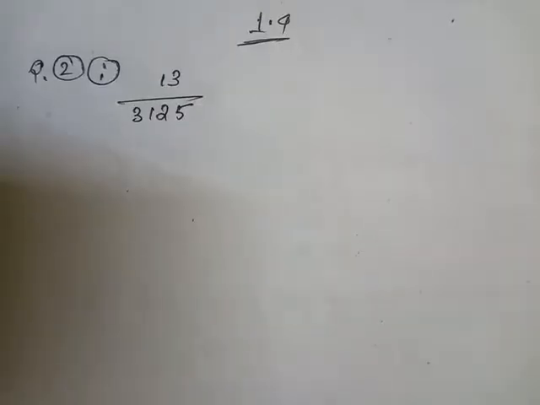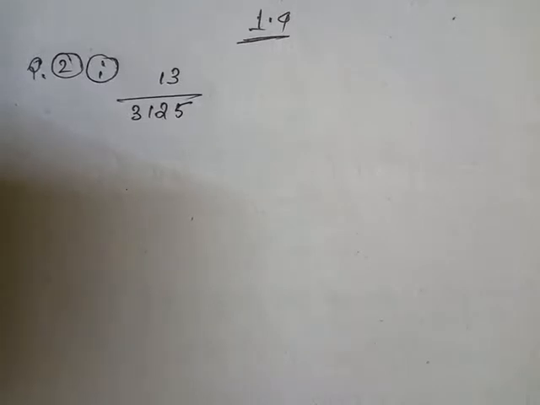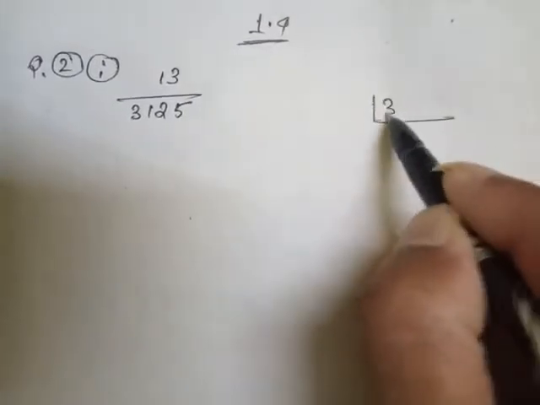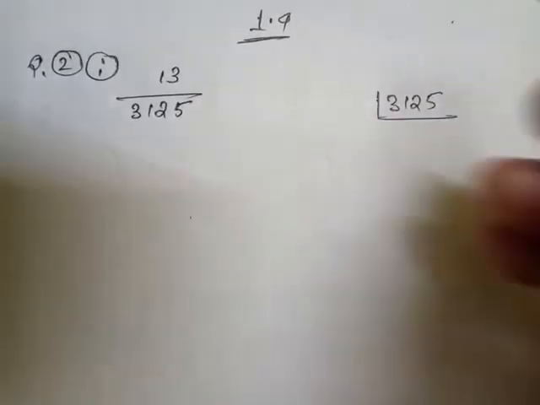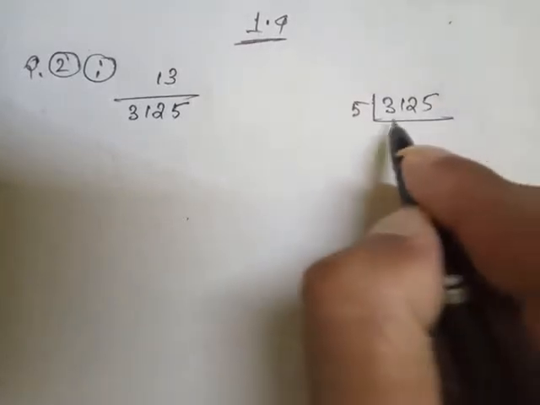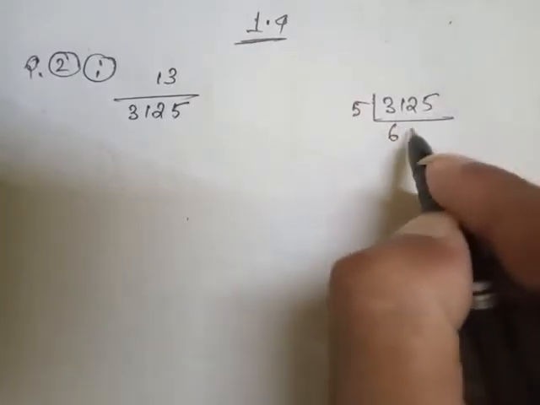Now student, look how to show this fraction of question number 1 of exercise 1.4. We have to convert it into decimal. Now 13 by 3125 is given here, so we'll have to factorize 3125. Already we did it like this in question number 1. So 5 6s are 30, then there is 2 and 5.